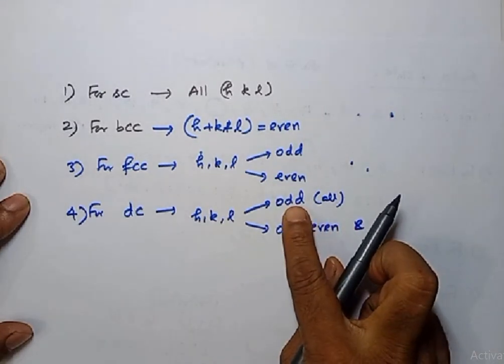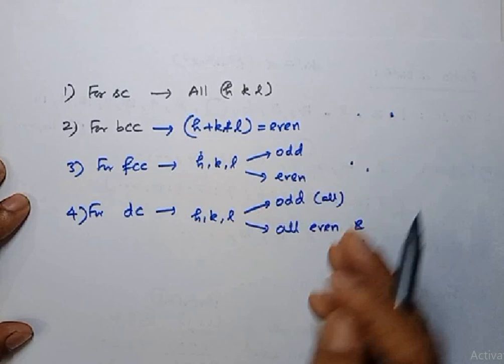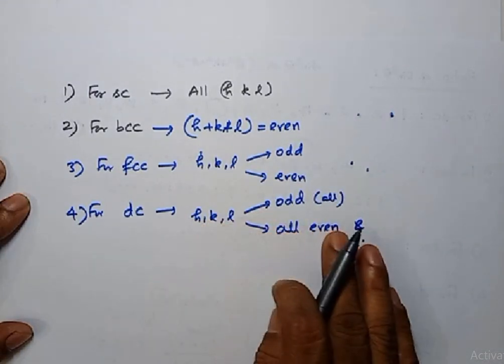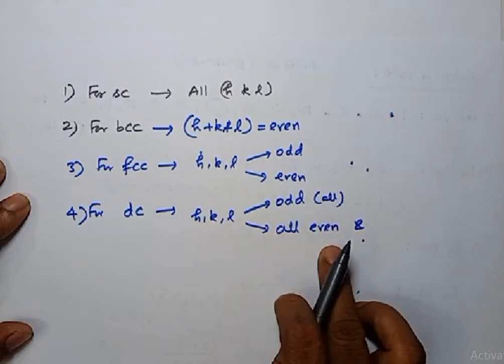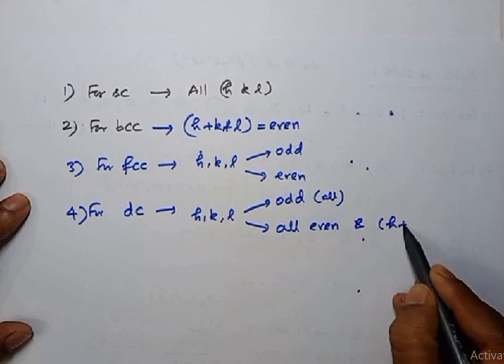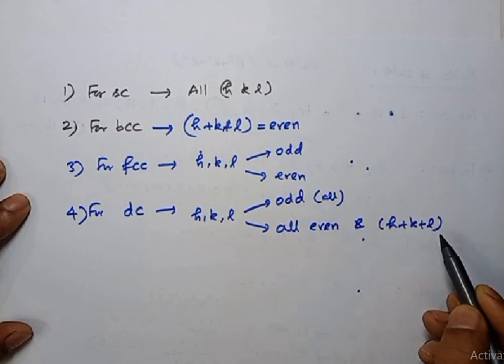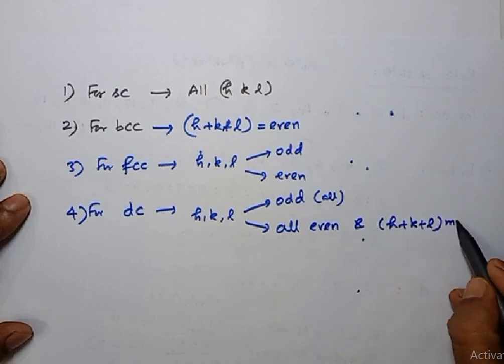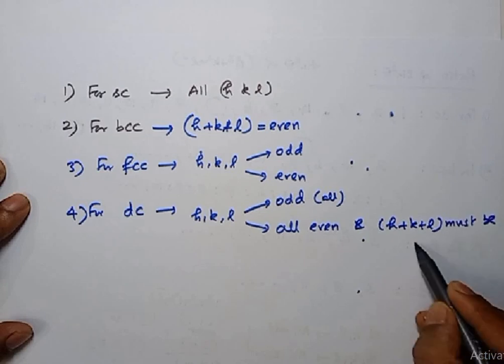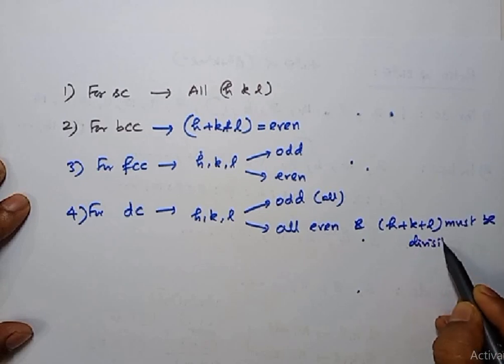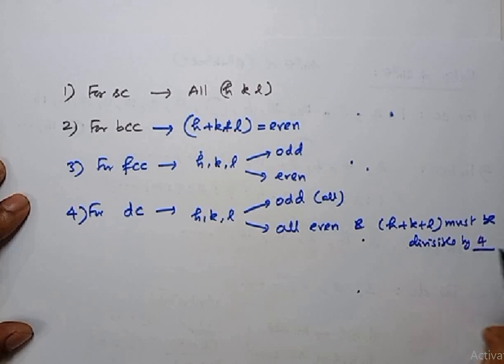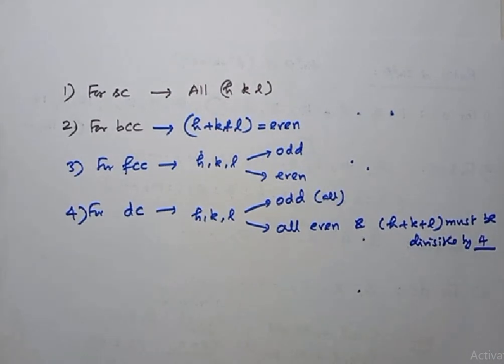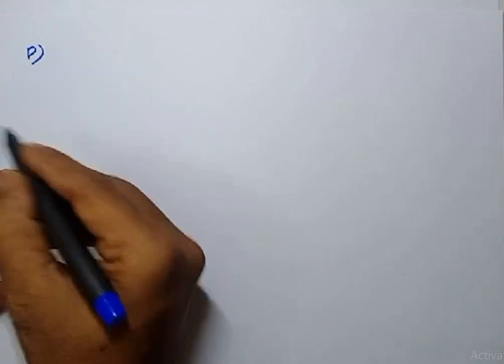Listen, all the values can be odd or all the values even. If all the values are even, then their sum, H plus K plus L, must be divisible by 4. Take down, this is very important. So let me take a problem here. I'll take some cubic crystal.